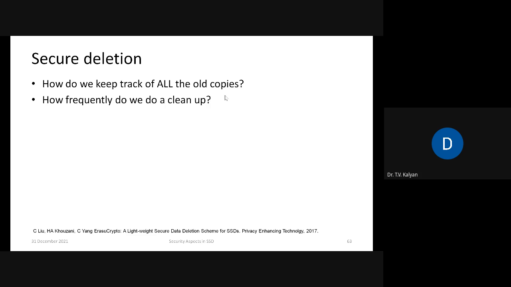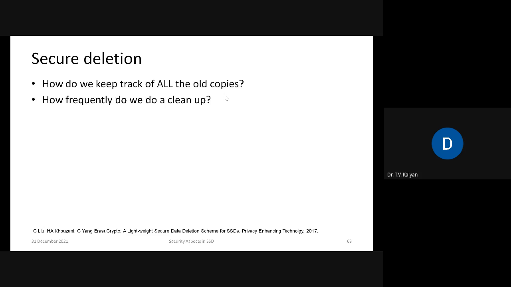Now, for that, we would expect the garbage collector typically to kick into action to clean up all these invalid pages. But the garbage collector would kick in only when there is a sufficient number of invalid pages in that particular block. Let's say a block has 64 pages, and we program the garbage collector to kick into action only when there are more than, let's say, 30 or 32 invalid pages.